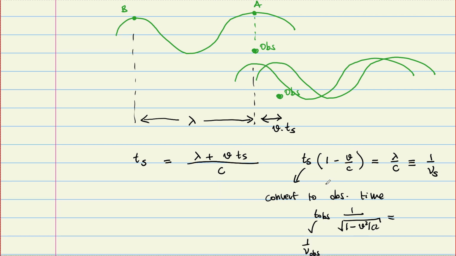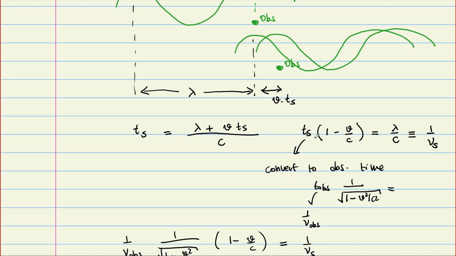But now this is my frame, the source frame, but we need to convert this time to observer time, because the observer is in a different frame, and we are trying to decide what the observer will see.